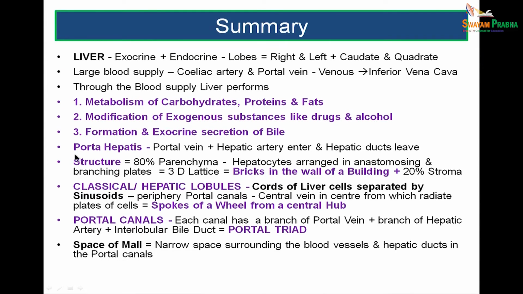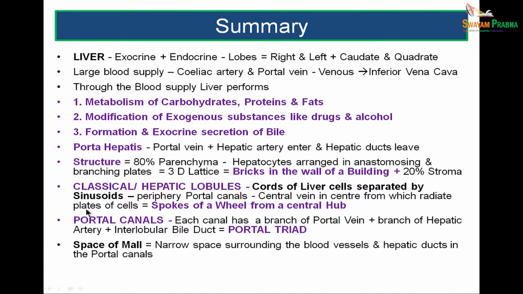We studied the structure of liver containing 80% parenchyma and 20% stroma. The parenchyma is made up of hepatocytes arranged like bricks in the wall of a building. We described the classical hepatic lobule made up of cords of liver cells separated by sinusoids having a central vein at the center and a portal canal at the periphery, like spokes of the wheel from a central hub.